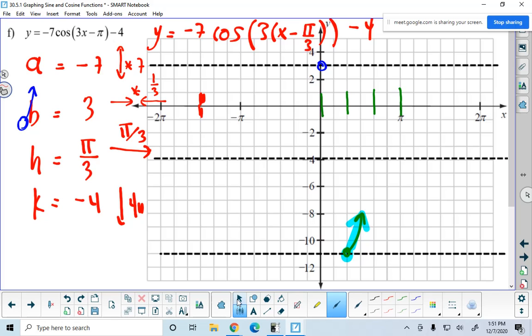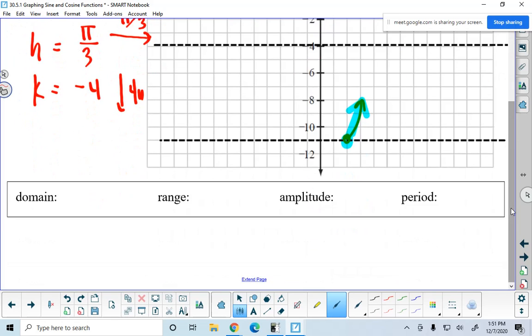The period is going to be 2 pi times a third. It's going to be 2 pi over 3. The amplitude will be 7. The range we can see from the graph is negative 11 to, must be 3. The domain is any real number.